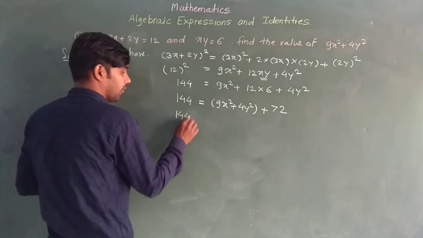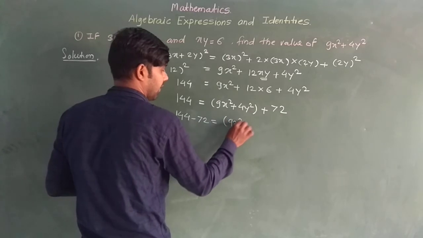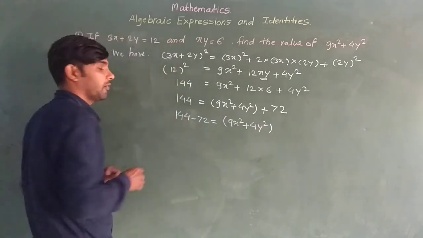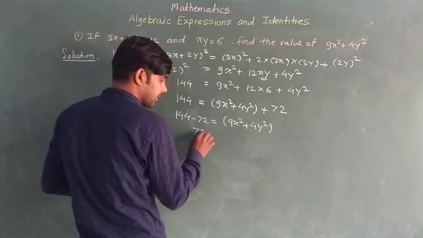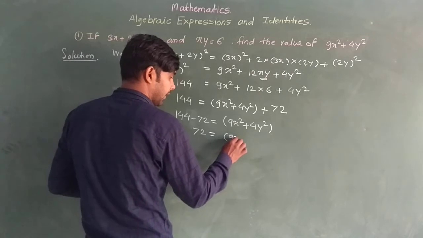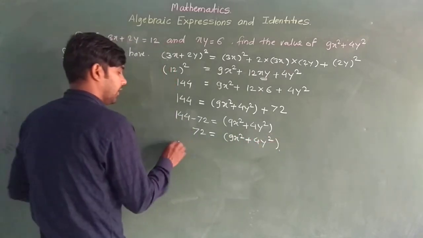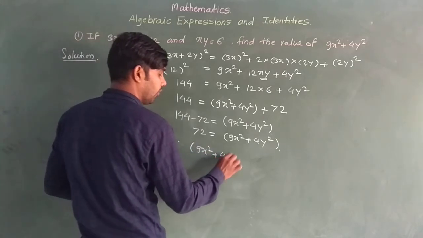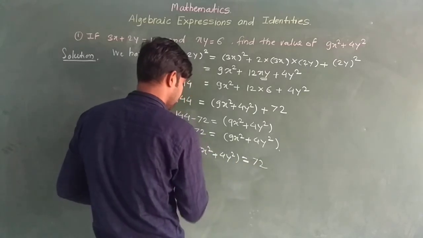So 144 minus 72 is equal to 9x square plus 4y square. 144 minus 72 is 72, which is equal to 9x square plus 4y square. Therefore, 9x square plus 4y square is equal to 72, and this is your answer.